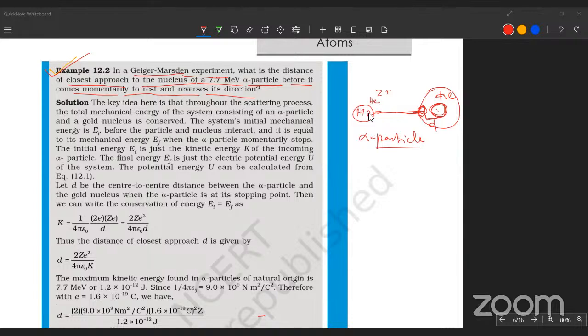When the helium was moving towards the nucleus, it has kinetic energy, which is half m v square. Now this kinetic energy is gradually converting to potential energy, because it is moving against the repulsion, doing work against the repulsion. So this energy is gradually stored as potential energy, like the compression of a spring.